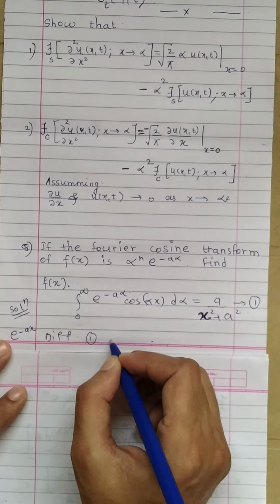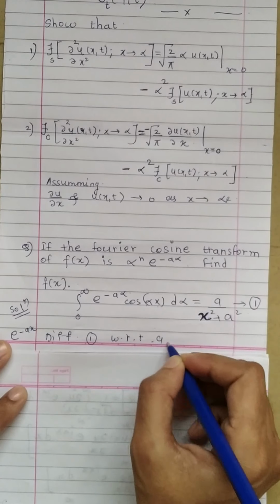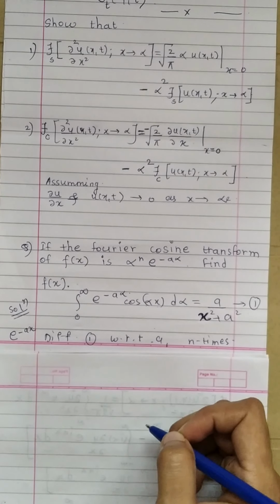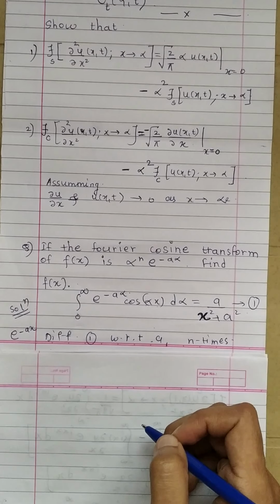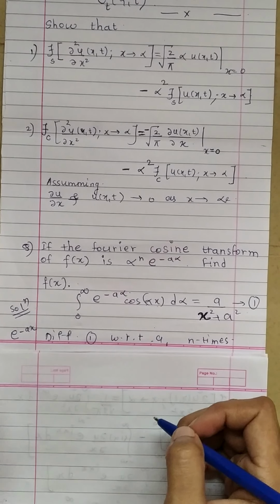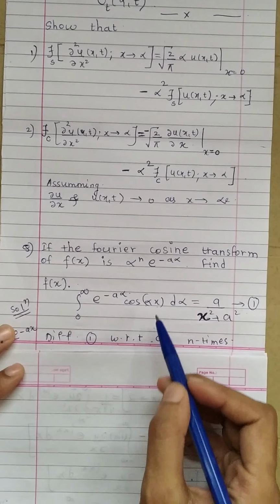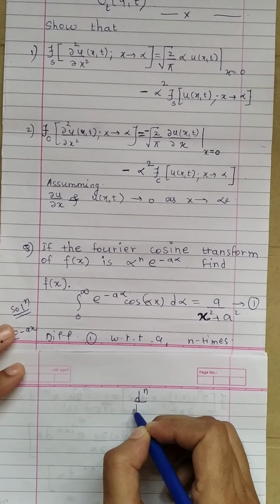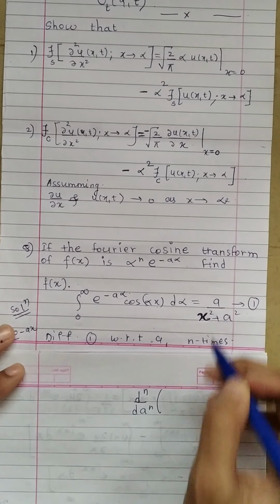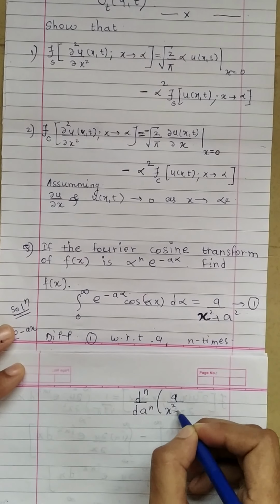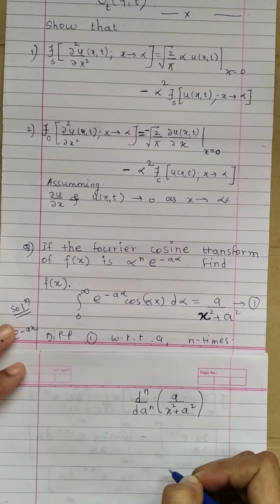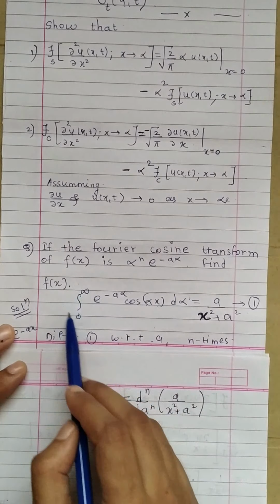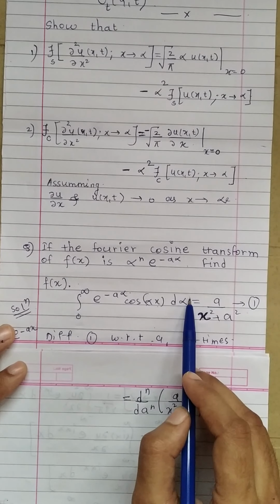Differentiate 1 with respect to a n times. What we will get is, differentiating with respect to a n times this quantity a divided by a square plus x square, equal to differentiating this with respect to a n times.